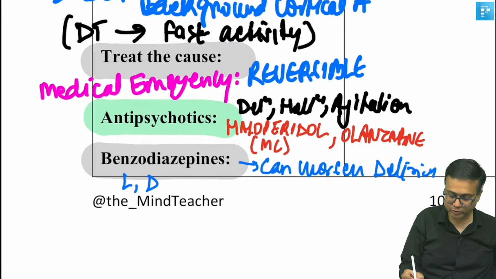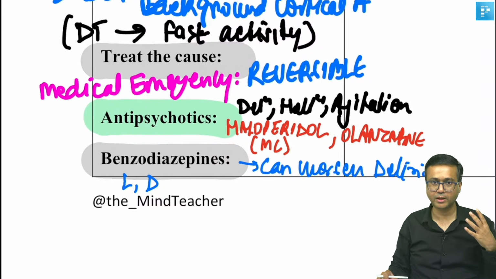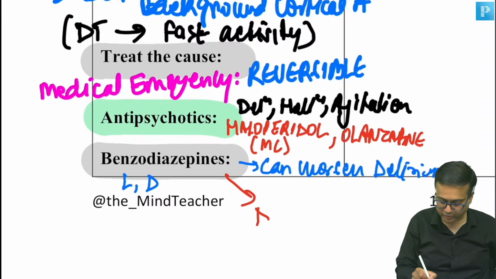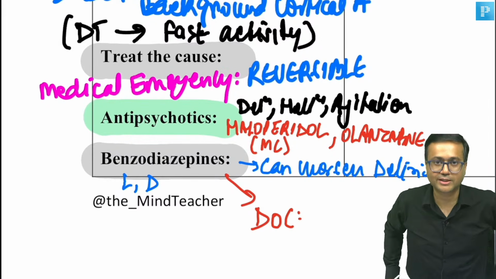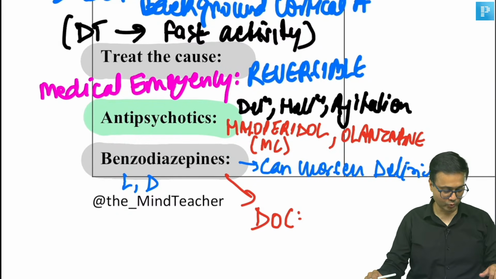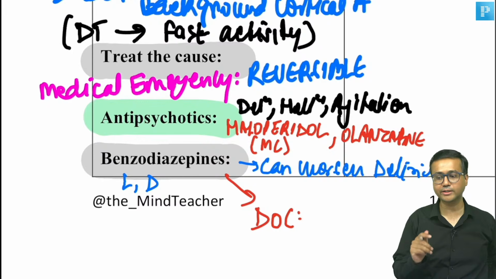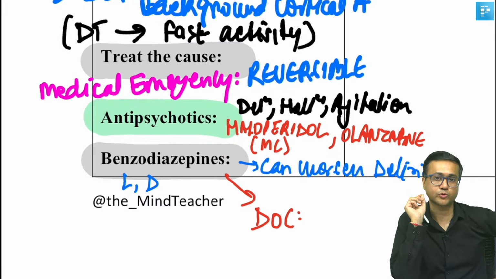But yes, we can use low doses of benzodiazepine for managing symptoms like agitation. But you have to tell me, beta, there is one important cause of delirium where benzodiazepines are the drug of choice. Can you tell me now? In which cause, beta, will you say that benzodiazepines are the drug of choice?